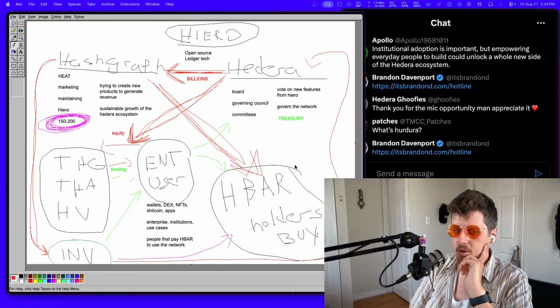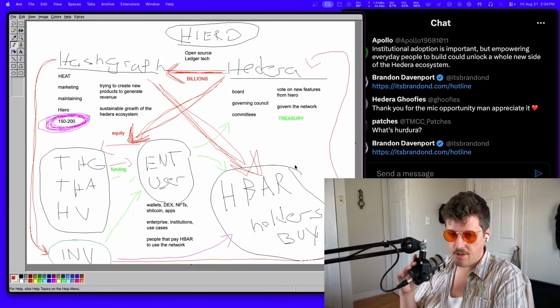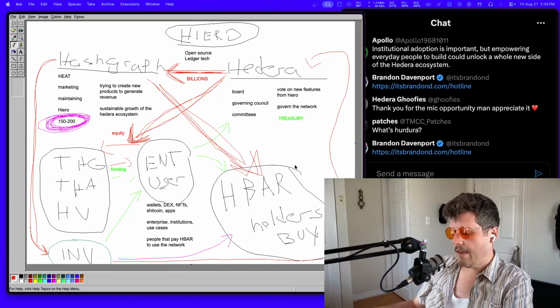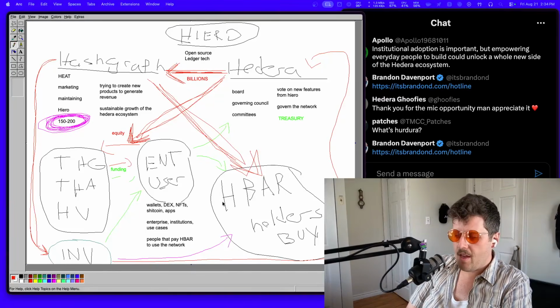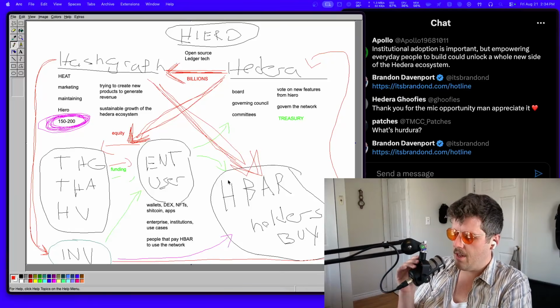We do need to have people buying HBAR. And a problem we've had in the past that we've seen some improvement in, which is good, like with new exchange listings like Kraken and stuff like that, is we want this to be accessible and easy to purchase for as many people as possible. That was a big challenge in the past. Not so much now.